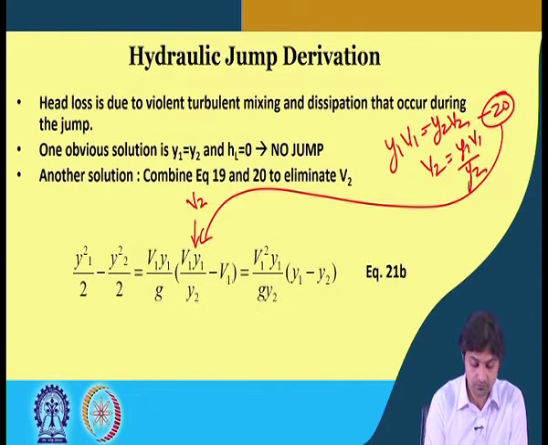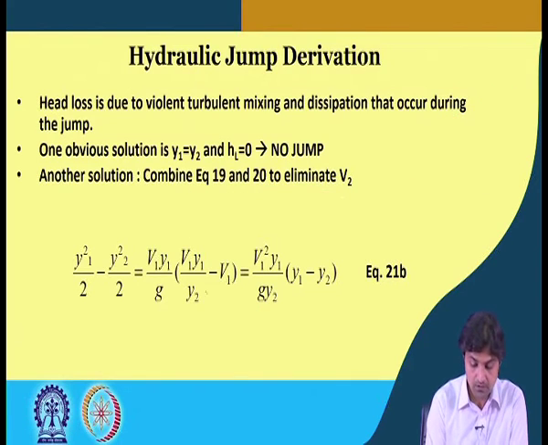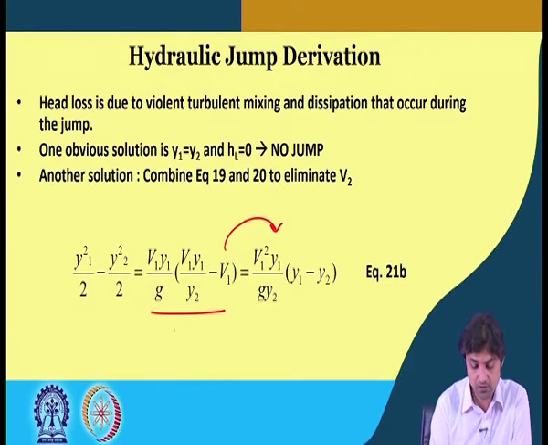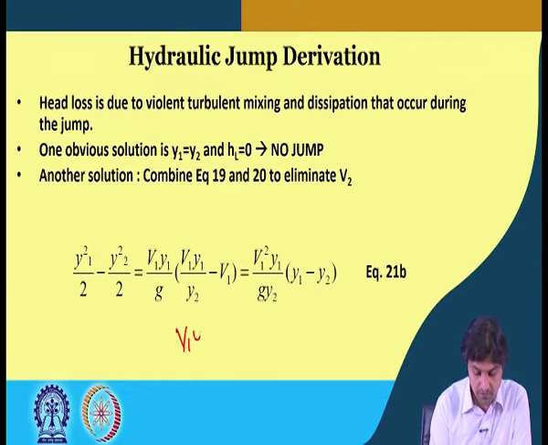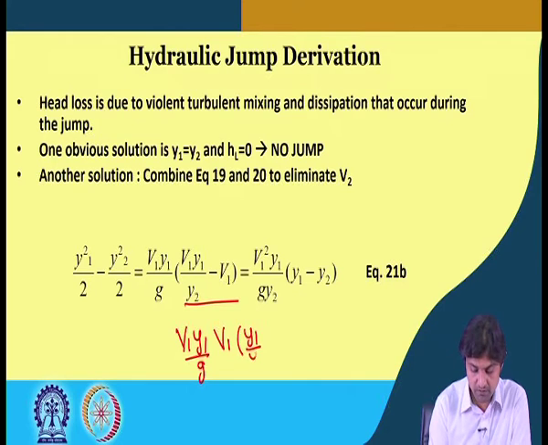I will just solve it out to show how to go from here to here. V1 y1 by g, and let us take V1 outside. This becomes y1 by y2 minus 1.